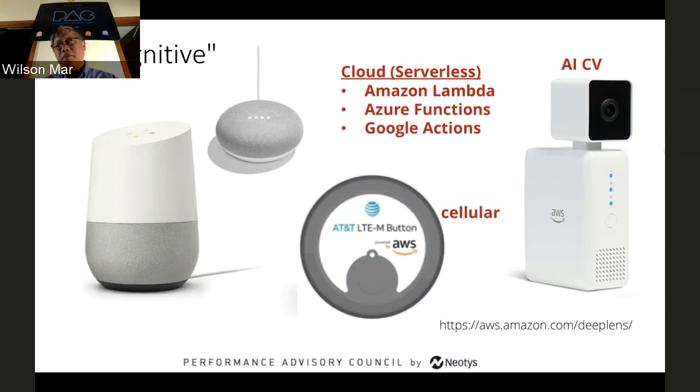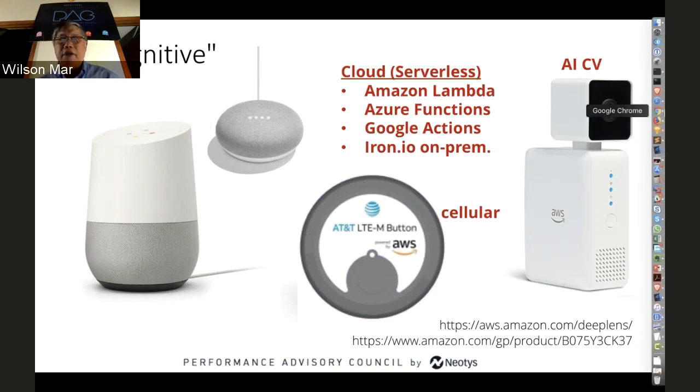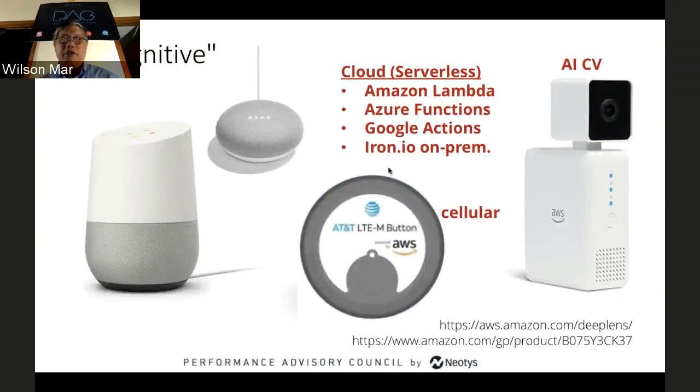But there are some people like Iron.io, for example, who have an on-prem solution for serverless code. In fact, there is a serverless framework that you can use to write your serverless code that will work on Lambda on Amazon, on Azure, Google, and Iron.io. So that way you have this multi-platform.